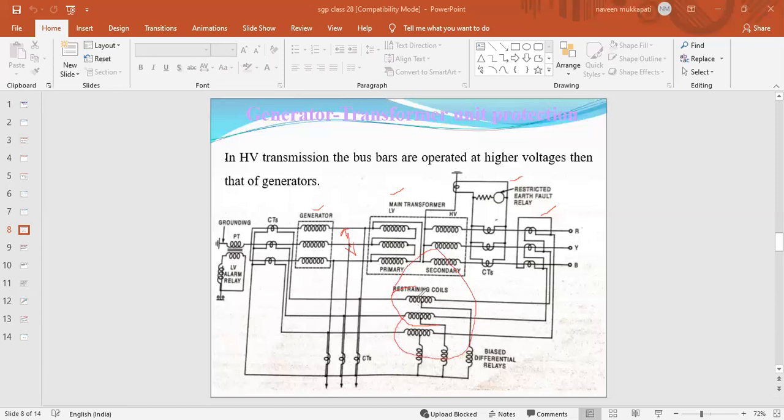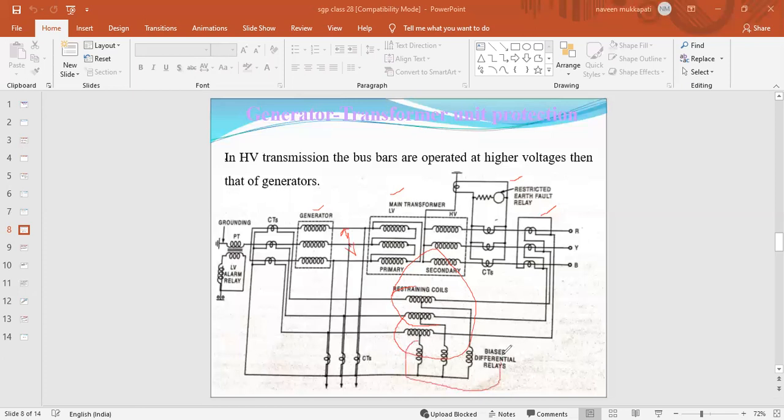While comparing the currents, if the short circuit current is greater than the restraining current produced in the restraining coils, in that case only the current flows through this operating coil.